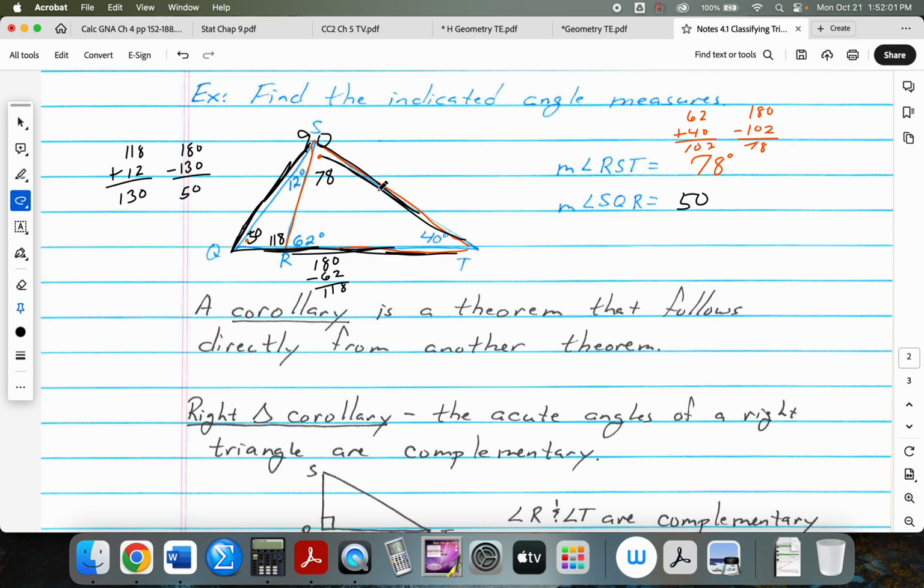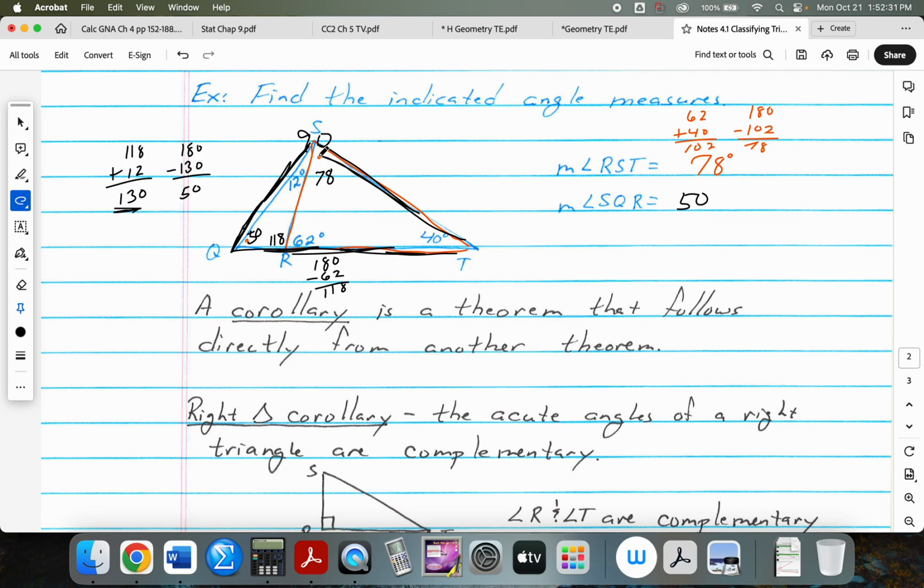So I could have done 90 plus 40, which is also 130. Subtracted from 180 gives me 50 that way. Frequently on these problems, there's more than one right way to find the angles that you want. So find whichever ones you can to start with. Don't be concerned, oh, I got to find this one first. If they ask you to find 4 angles, just start finding angles. Don't worry about I have to do this one first and then do this one second.